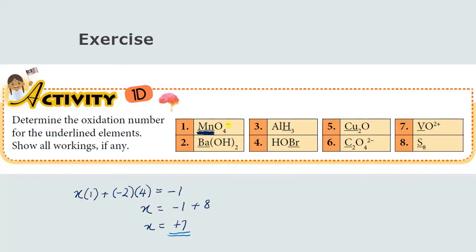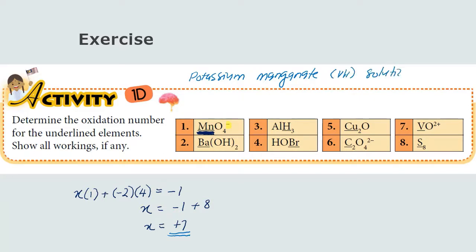You need to write the plus symbol, the positive symbol, because this is an oxidation number. Have you ever heard of potassium manganate 7 solution?